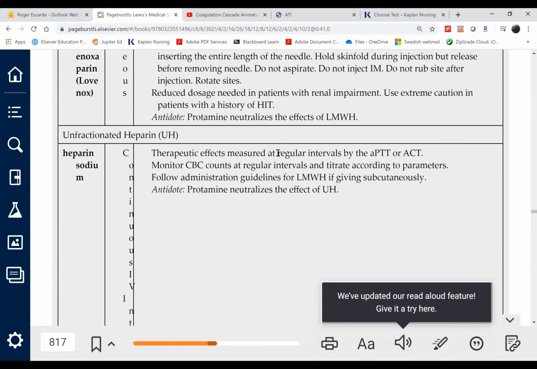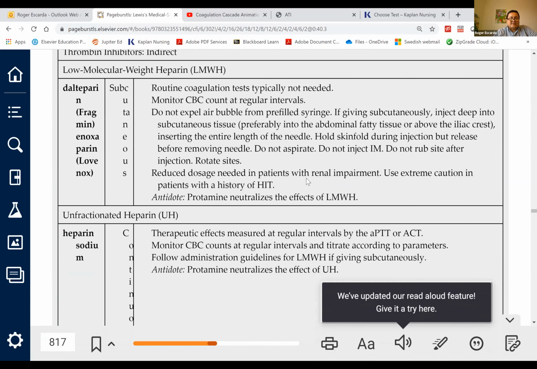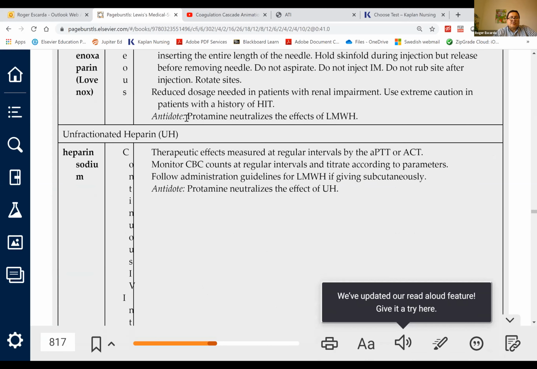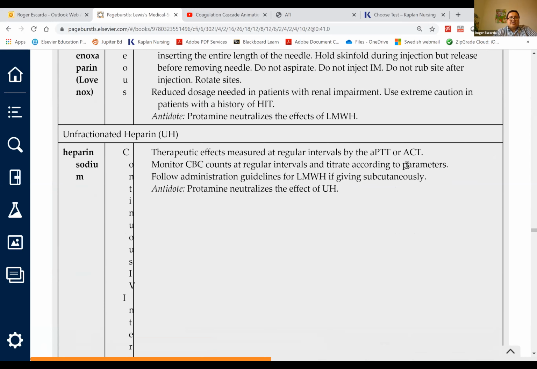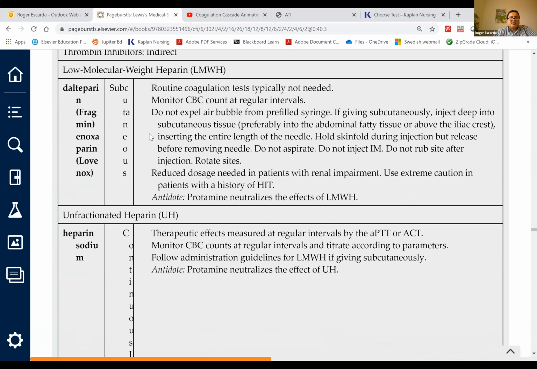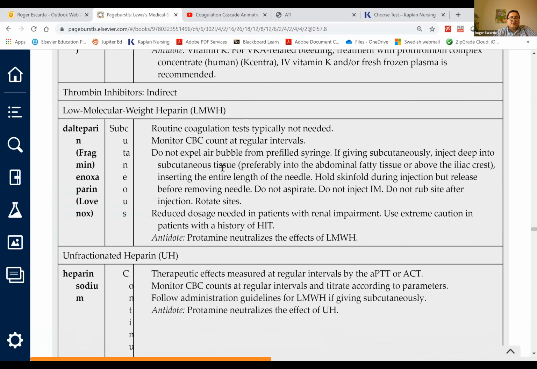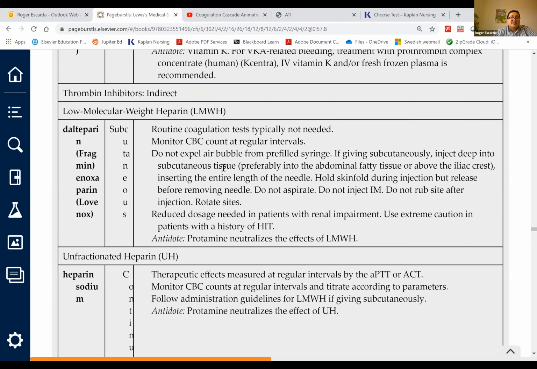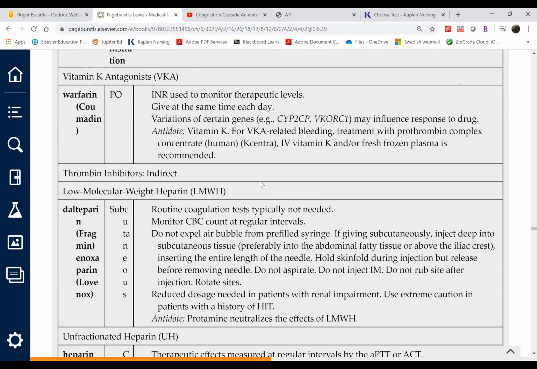Again, in any drug chart, these are the testable parts. And this is your antidote, protamine sulfate. This is heparin, so what do you monitor when giving heparin? The platelet. Platelet is correct, because this is a side effect.